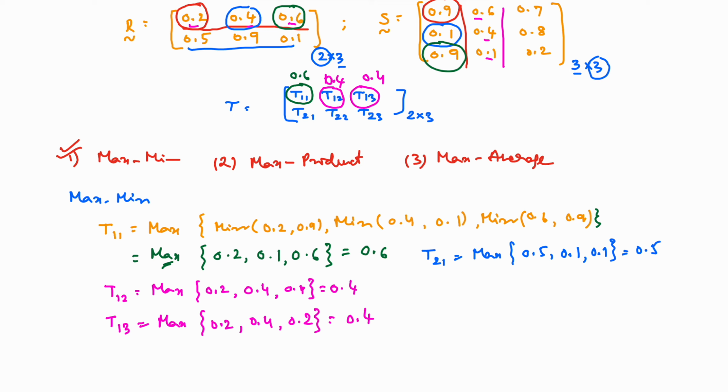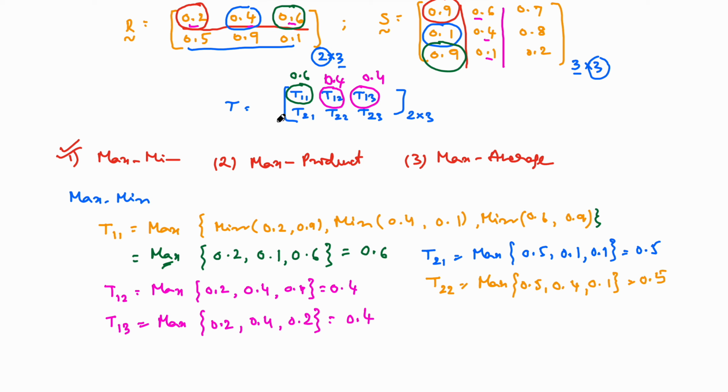Similarly, let me change the color and I will explore. T22 will be equal to maximum of minimum of 0.5 and 0.6 is 0.5, minimum of 0.9 and 0.4 is 0.4, minimum of 0.1 and 0.1 is 0.1, so the maximum out of these three is 0.5.